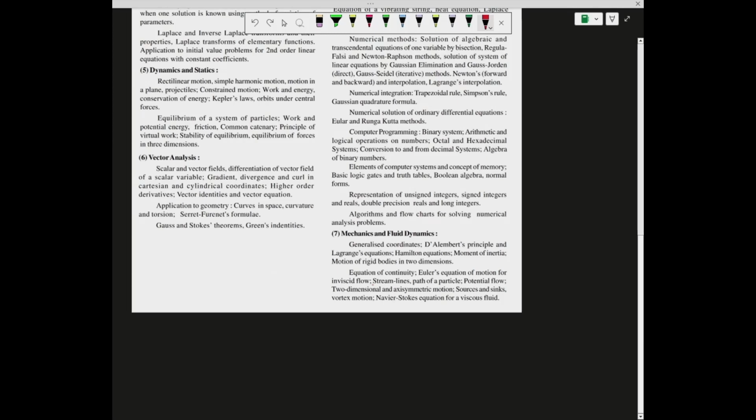Then we have mechanics of fluid and dynamics, one of the drastically changing areas for UPSC, because this is also one topic where I found in one particular year it was only a 30 marks question, and in another it was about to cross 100.